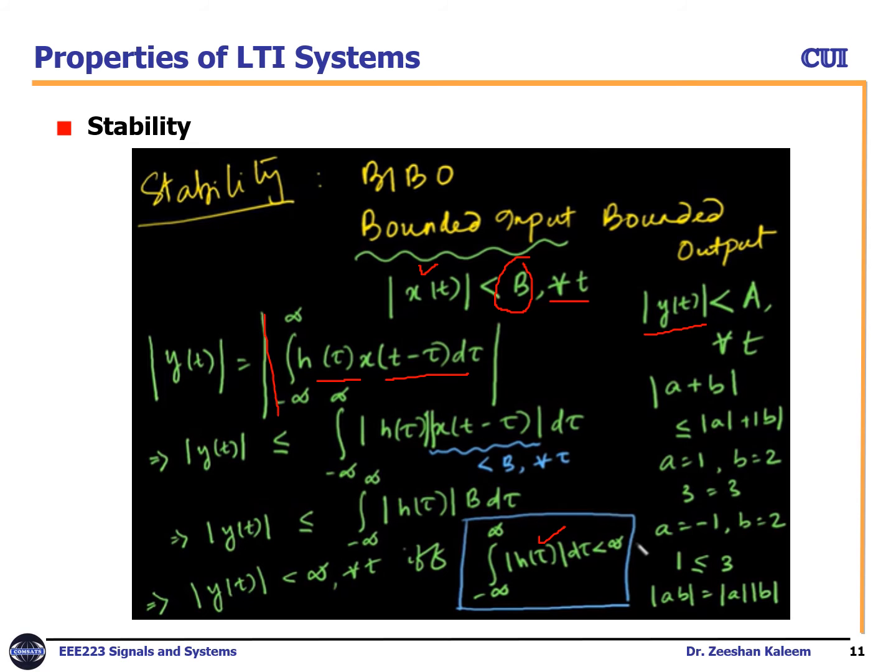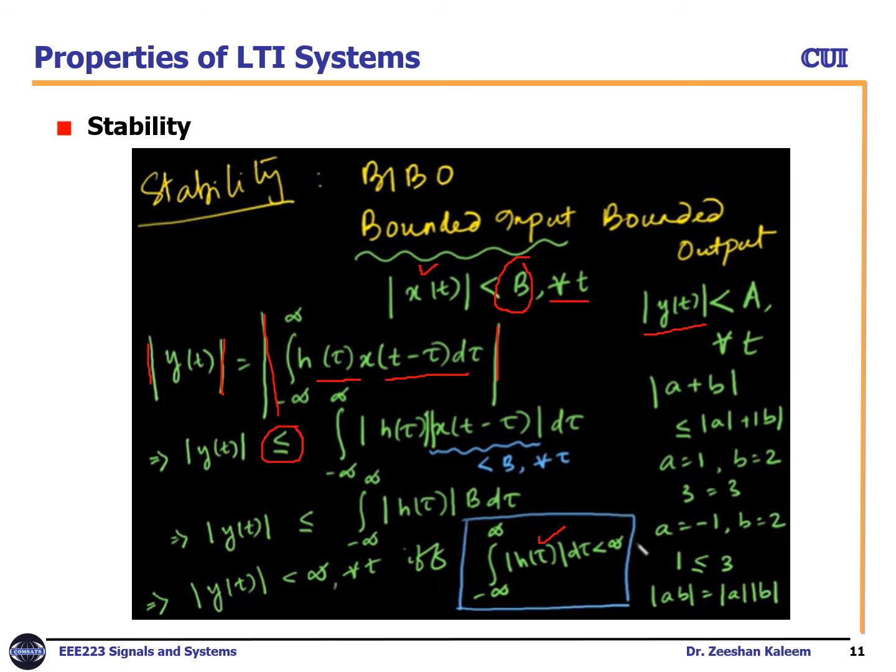Then take the absolute, because of amplitude. So y of t absolute and then absolute here as well. And now a less-or-equal sign appears here when we move the absolute from outside to inside. Now you see that h of tau absolute times absolute of x of t minus tau, d tau.